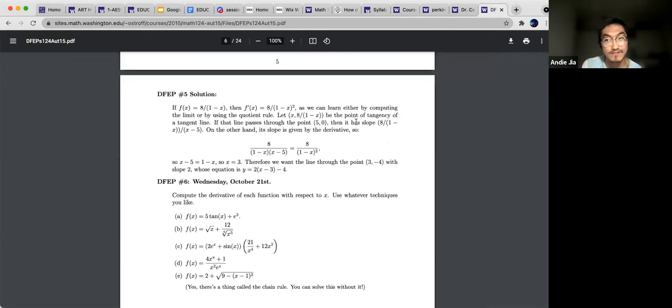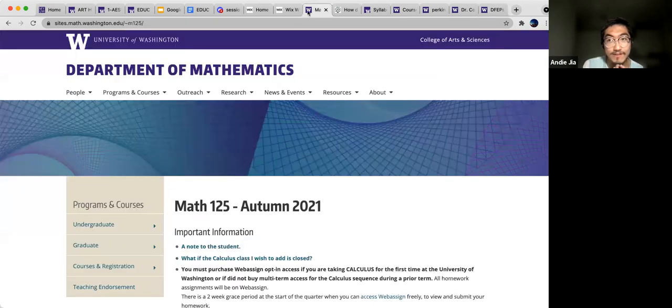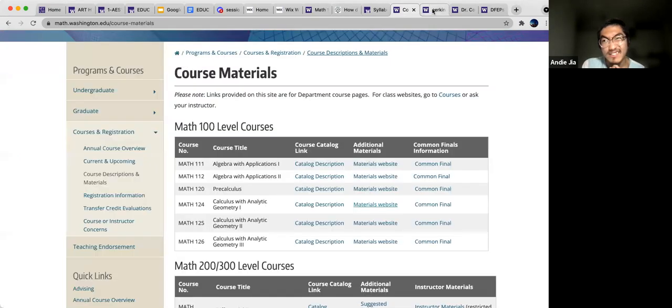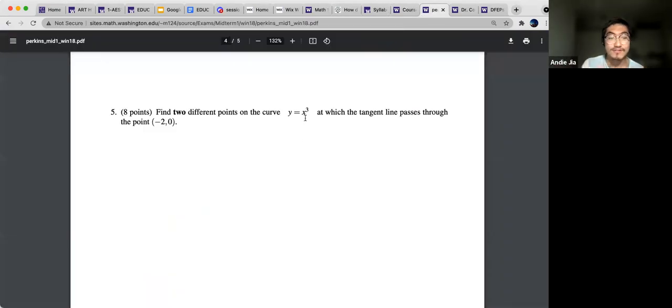Don't solve it yet, and then it has the slope through the point (-2, 0). So then we need to find that. Okay, so here's the solution.